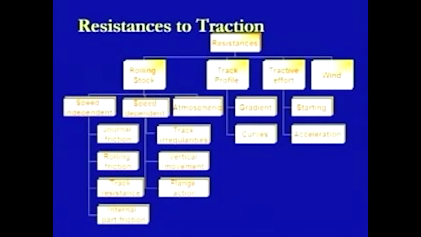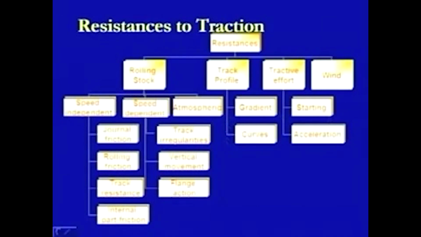Now with these aspects in mind, that is the different conditions for which the electric or the diesel locomotives can be used, we have some information regarding the things which can create a problem for the traction. Here in this chart, we are trying to look at the different types of resistances which are offered to the locomotive and which need to be taken care of while trying to find out the total tractive power of any locomotive.